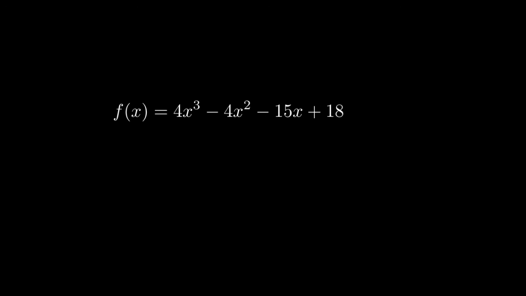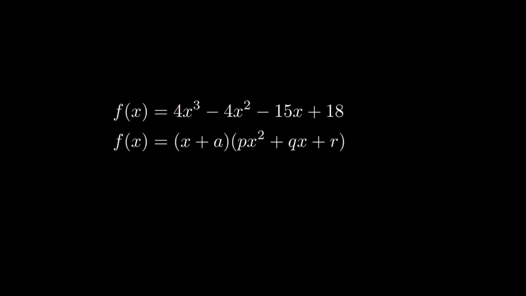I'll explain a way we can get this with trial and error. All right, so first of all, we've got our cubic, and we're told that x plus a is a factor. So if I factorize this, I have x plus a, and then what's left is going to be a quadratic.